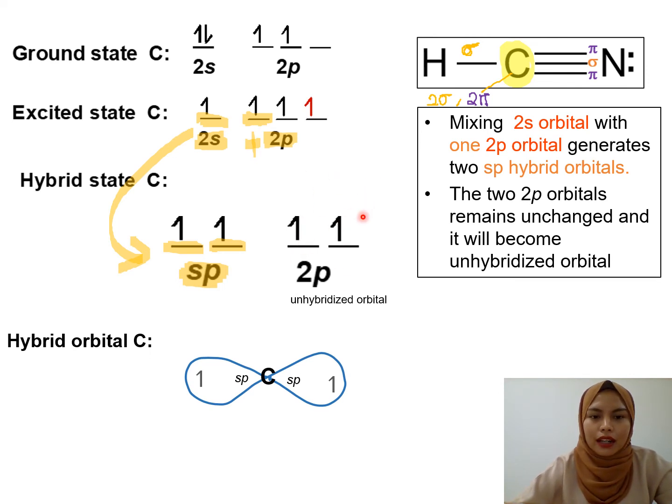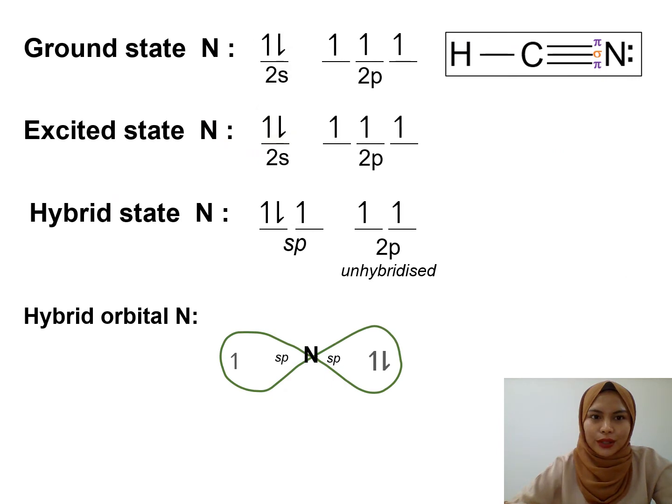Okay, since that we have decided sp, this carbon ni akan ada sp hybrid orbital, so bila you nak lukis the hybrid orbital for this carbon, it's gonna be linear. Okay, so you just draw it something like this. Alright, next let us look at the nitrogen atom. Okay, nitrogen pun dia akan ada sp type of hybridization walaupun dia terminal atom, bukan center atom ya. Ini special case sikit.